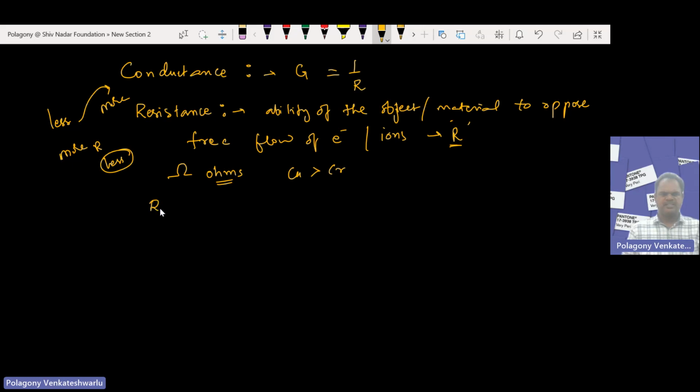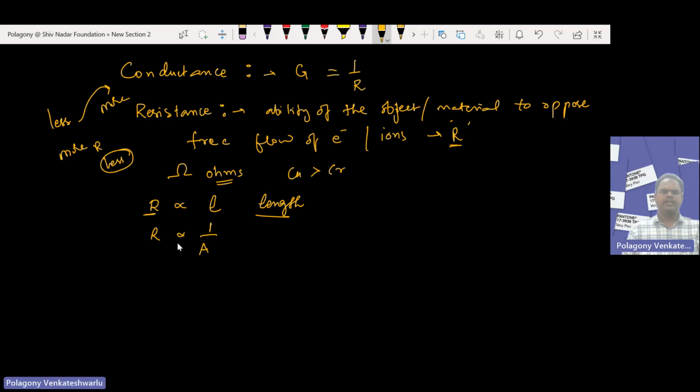Now look into the laws of resistance. First, resistance depends upon the nature of the material. Resistance is directly proportional to the length of the material: when length increases, resistance increases. Resistance is inversely proportional to the cross-sectional area of the material.